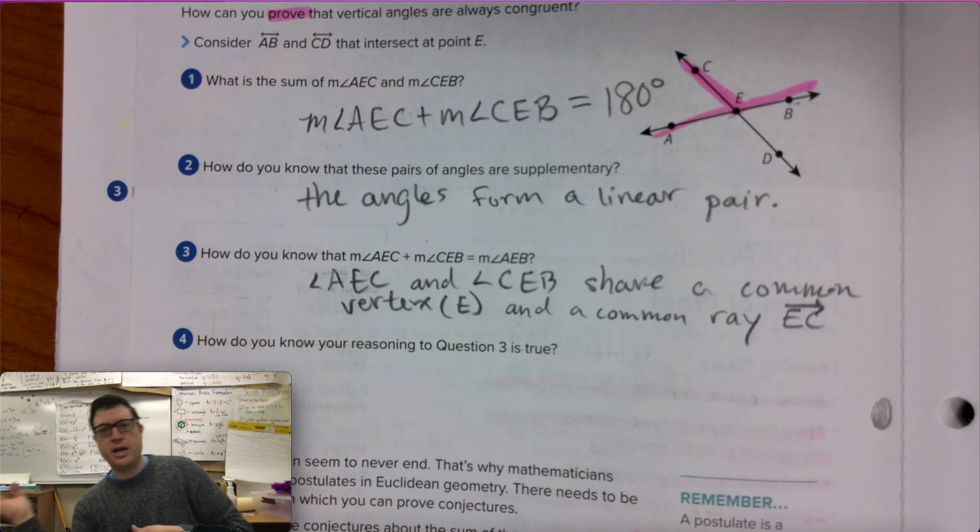Okay, how do you know your reasoning to question 3 is true? If I remove this line, if I cover it up, did that really change angle AEB? No. Put it back in. Now we have two angles. Cover it up, one angle. But nothing really changed between what we get with the ray EC being there and it not being there.